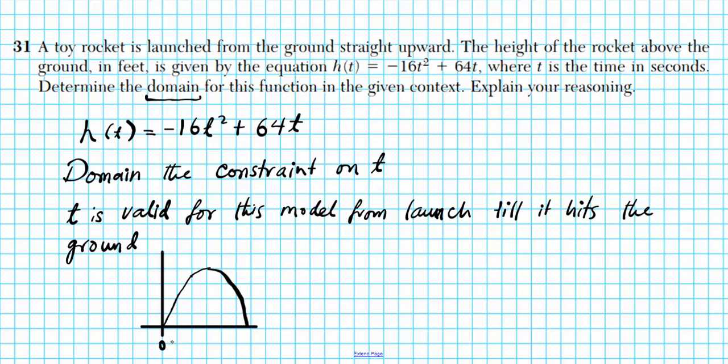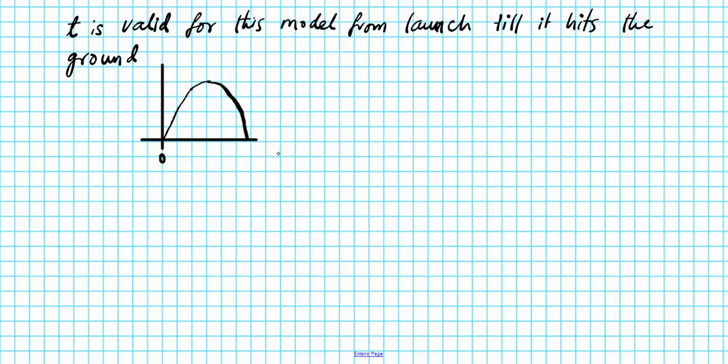Okay, so this is when it hits the ground, and this is the launch. So the time from the launch to when it hits the ground, this constraint on t basically represents your domain.